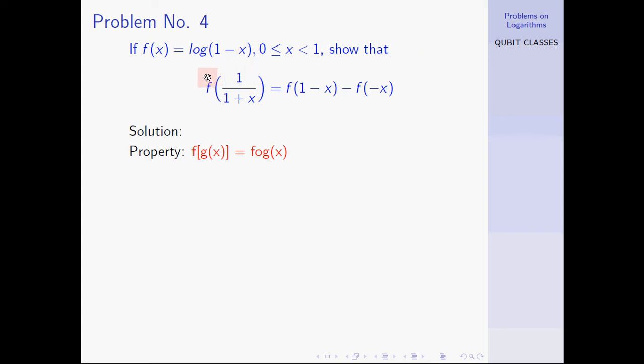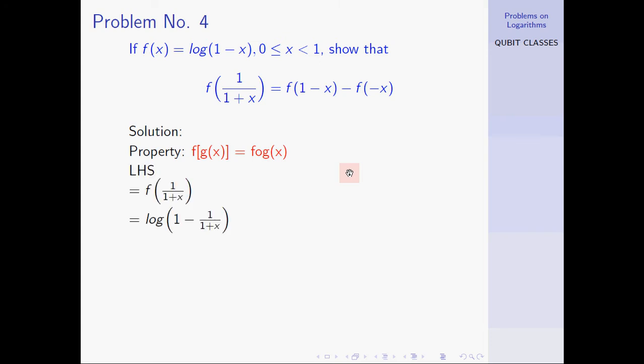Now to start with the left hand side, this is a composite function. So 1 upon 1 plus x is itself a function. Let us call it g of x. So this is the property of composite functions: f of g of x is equal to f o g of x.